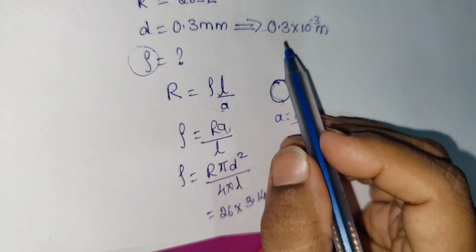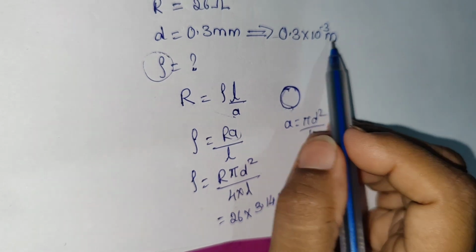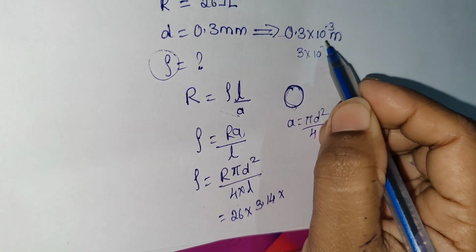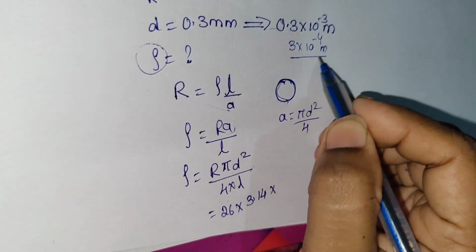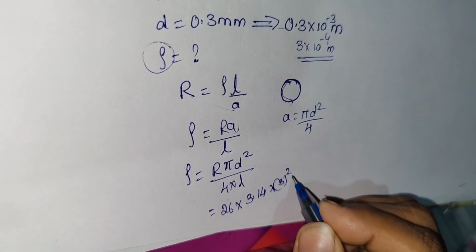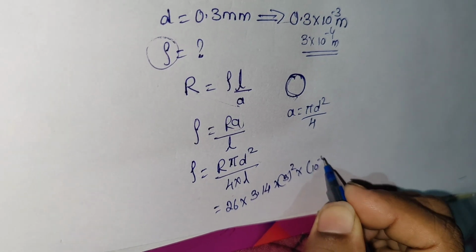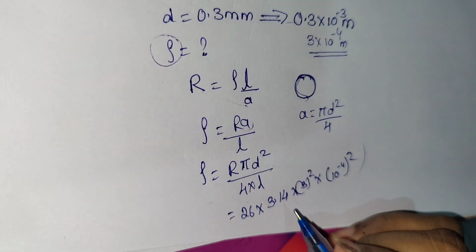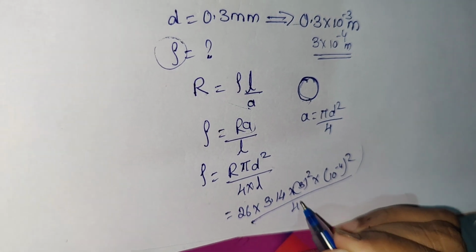D how much? 0.3 into 10 to the power of minus 3. This one we can also write 3 into 10 to the power of minus 4 meter. So into 3 square into 10 to the power of minus 4 square, because of the whole square both get squared, by 4, and L is equal to 1.